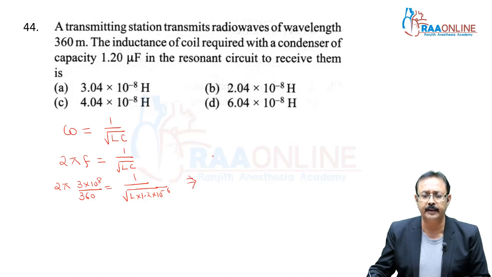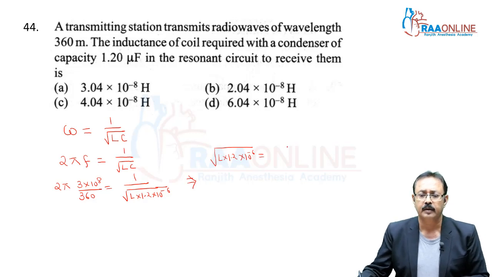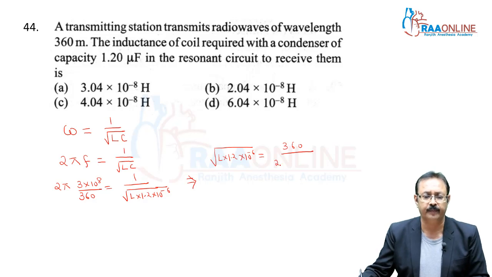So this implies square root of L into 1.2 into 10 to the power minus 6 is equal to 360 divided by 2 pi into 3 into 10 to the power 8.